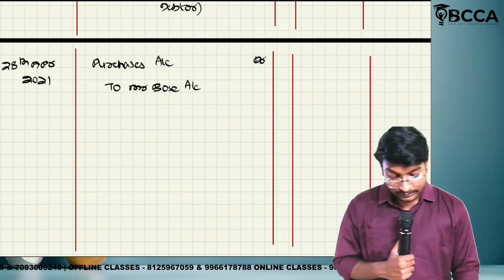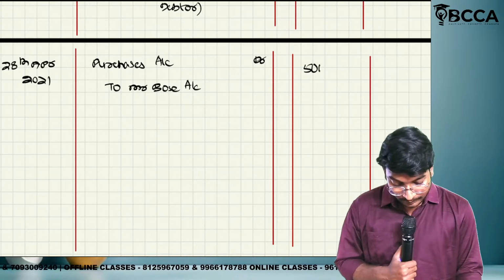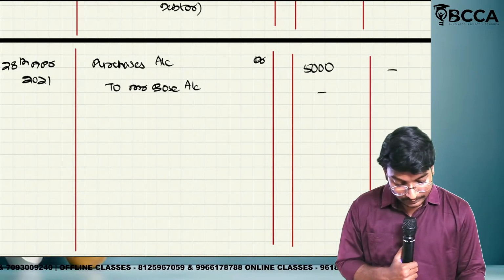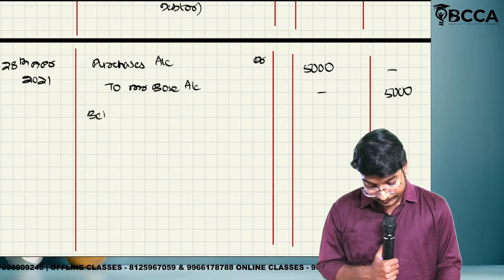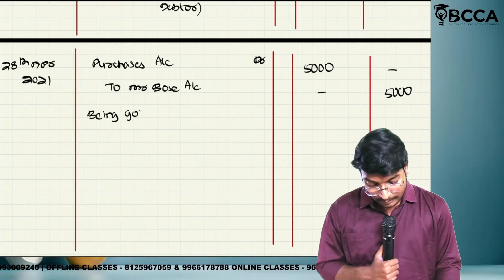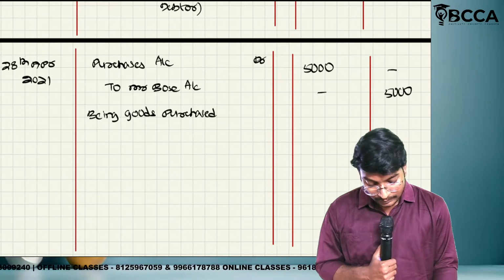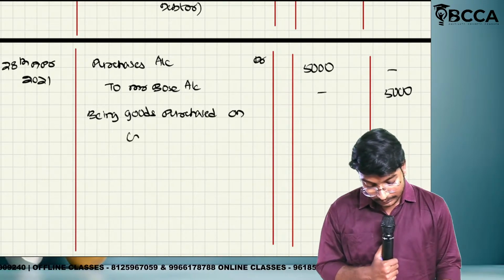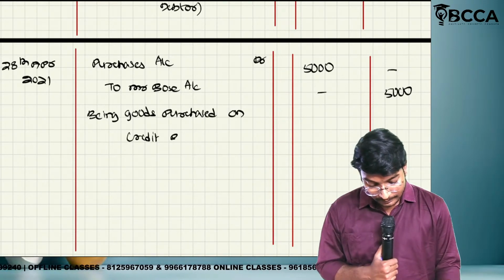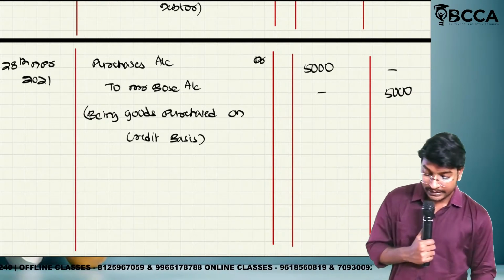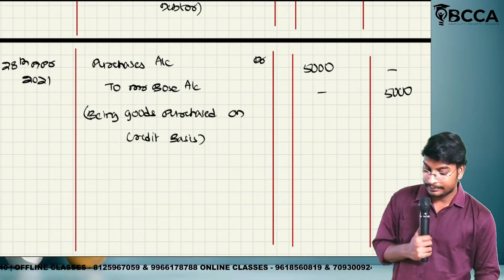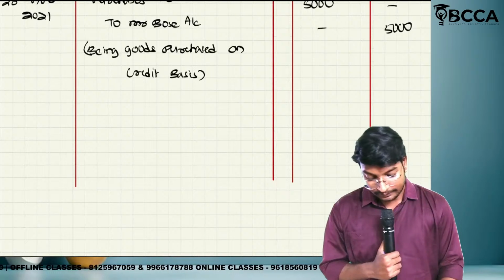How much? 5,000 rupees. Being goods purchased on credit basis. So what is the final entry?